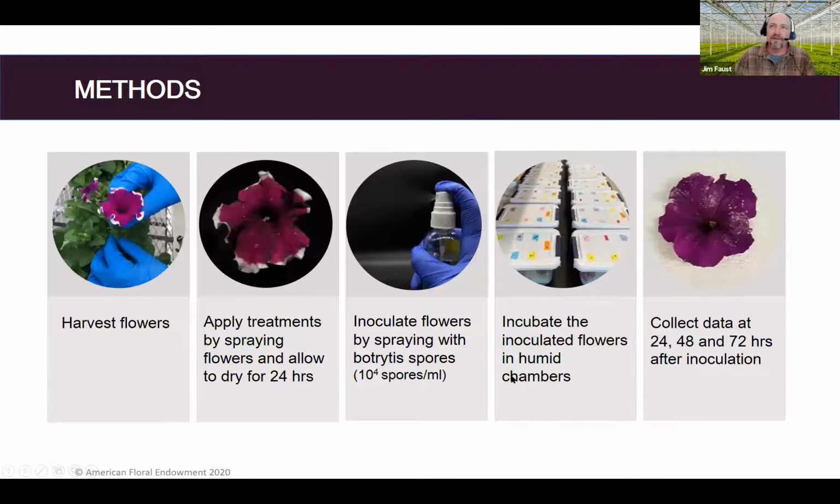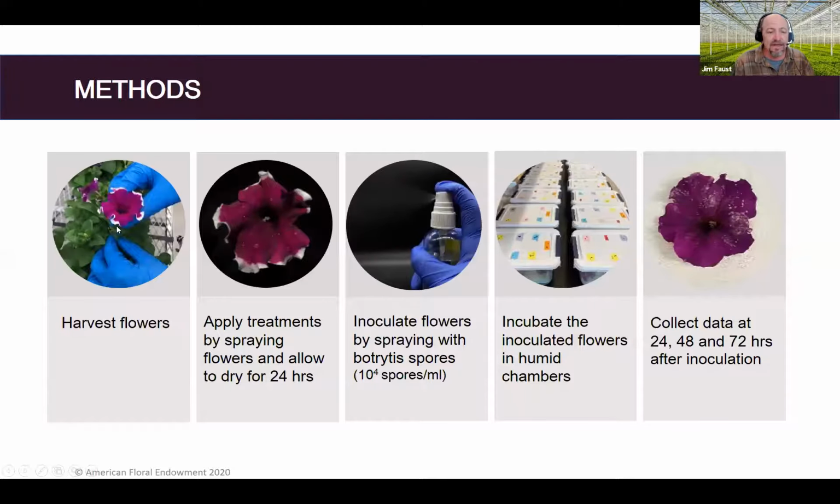There are different ways that you can evaluate Botrytis, and we've done 3 different ways, actually. The way that we have focused on, which we think is the most useful for initial screening, is the method that we're using here today. We grow plants in a greenhouse as clean as possible. These are petunias.